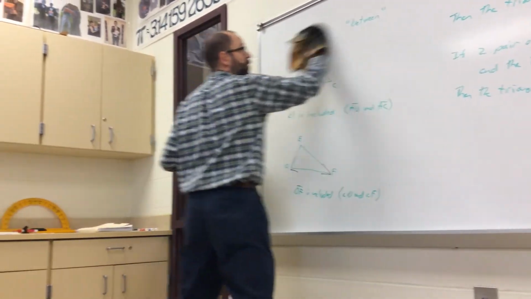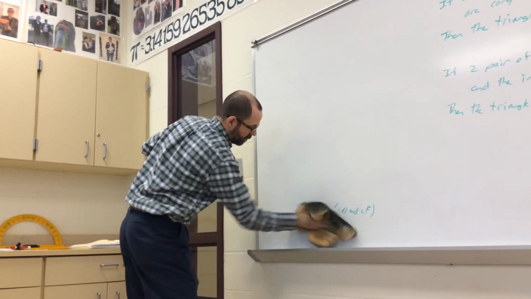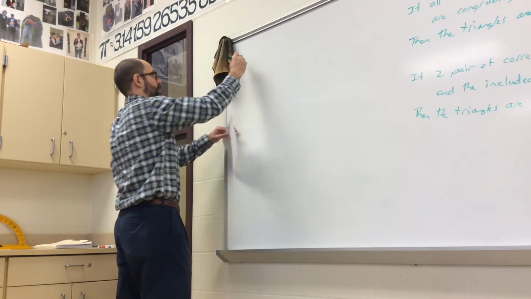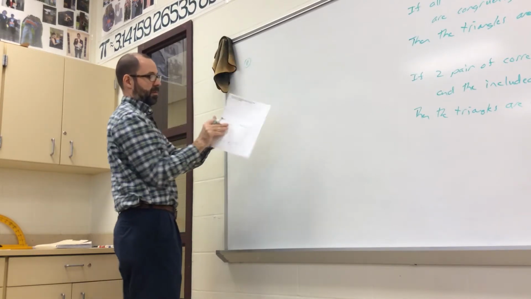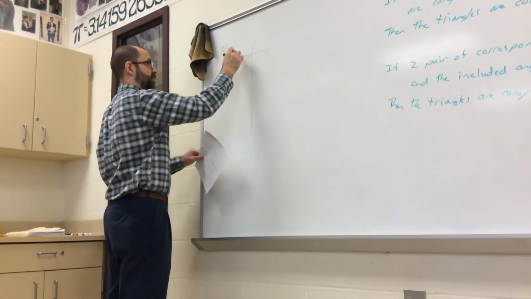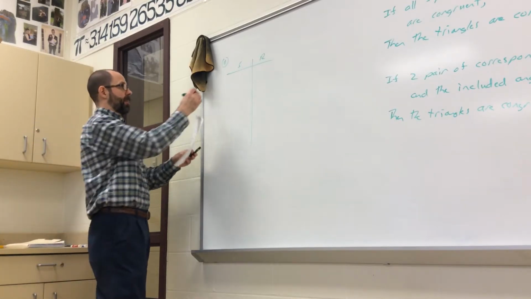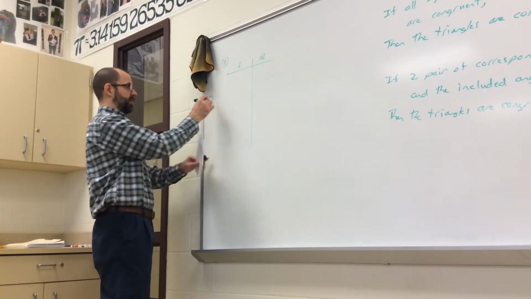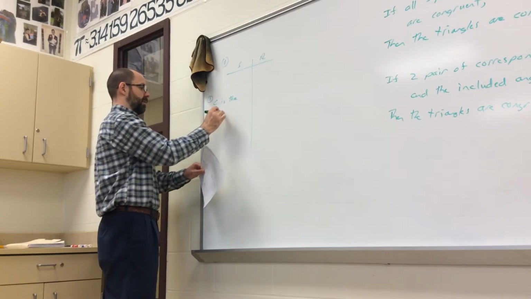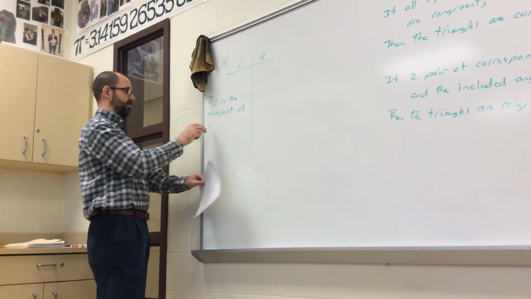All right, now we're going to skip forward to number 11. And number 11 is a proof. But the good news is it'll be shorter than yesterday's because we have shortcuts today. And the given information is C is the midpoint of AE and BD.